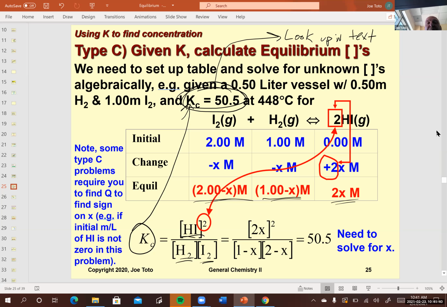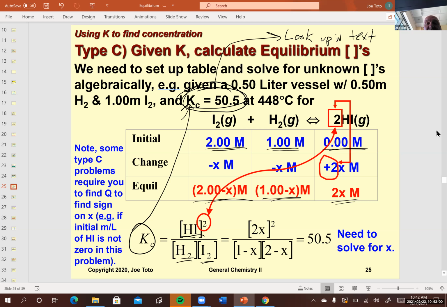All right, so I read the problem and I can calculate my initial conditions from the stuff in the problem. They didn't give me any product, so I'm going to put in 0. Then I can fill out the rest of the ICE table using the algebraic parameter x.